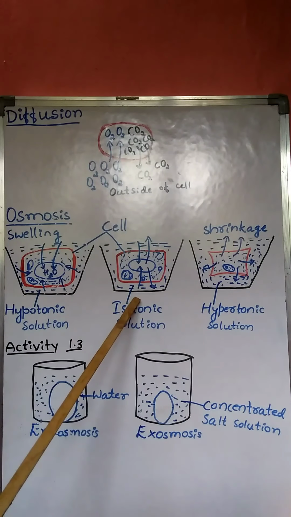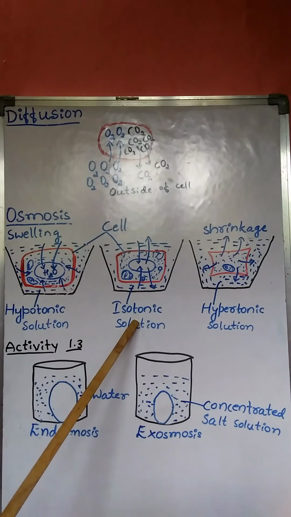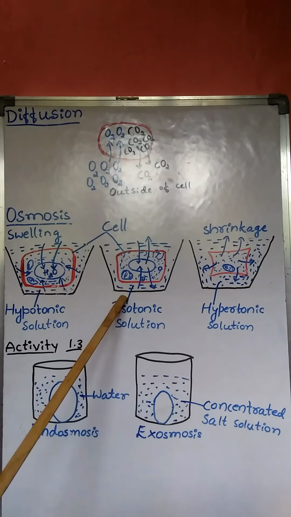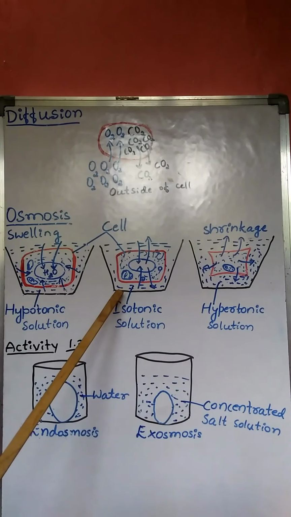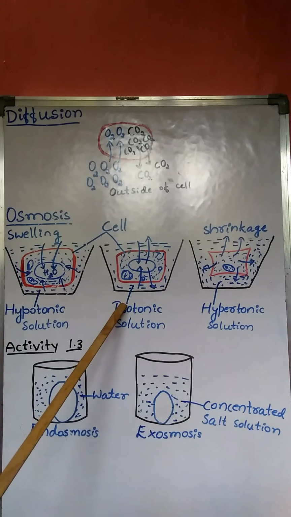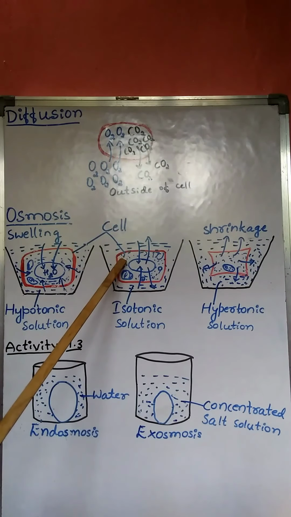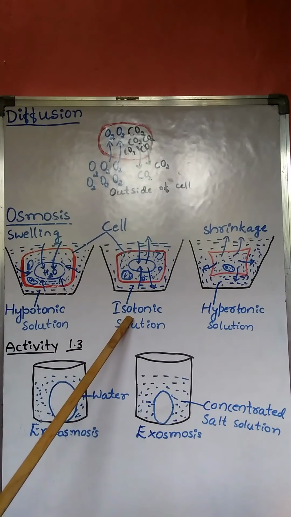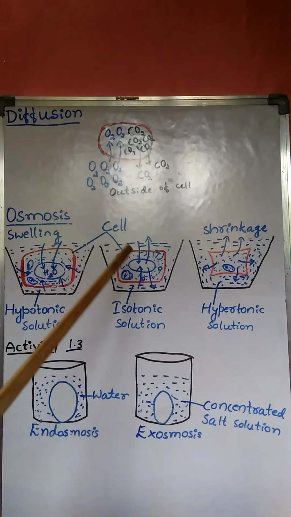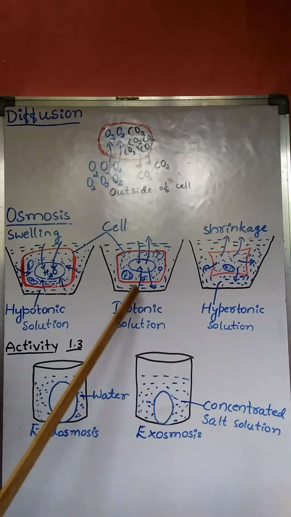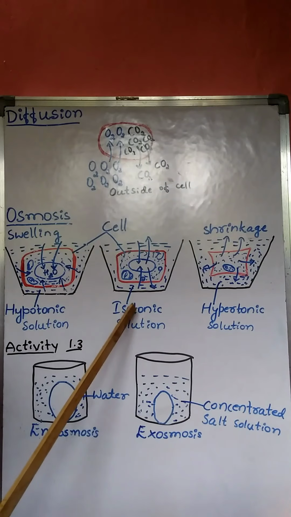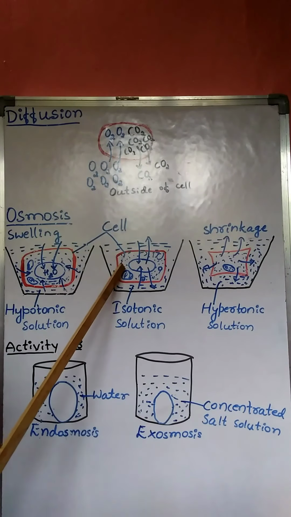Next one is isotonic solution. An isotonic solution is the solution which has the same concentration of water molecules compared to the number of water molecules present inside the cell. It's the external solution which has the same concentration as that of the cell contents.